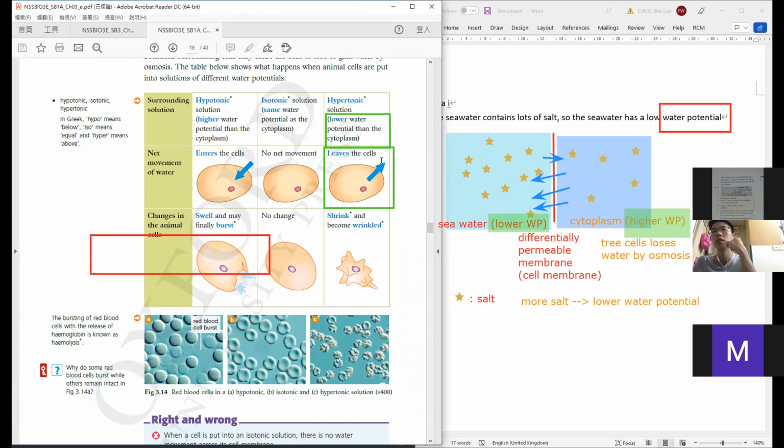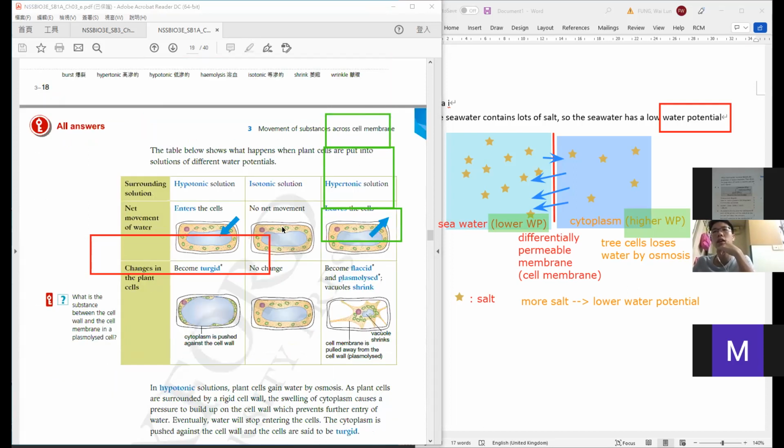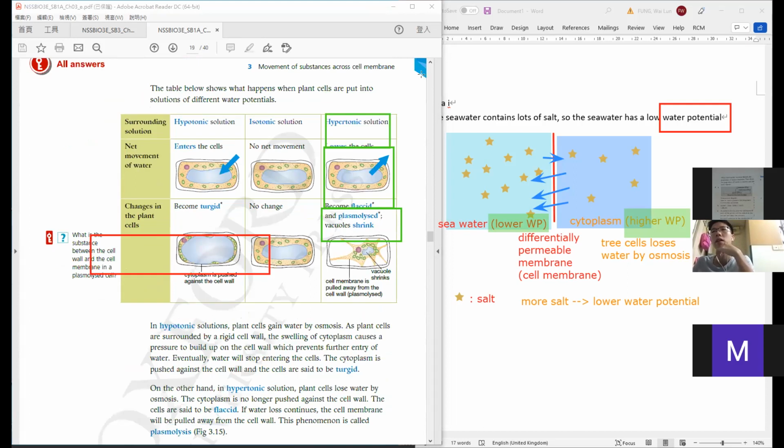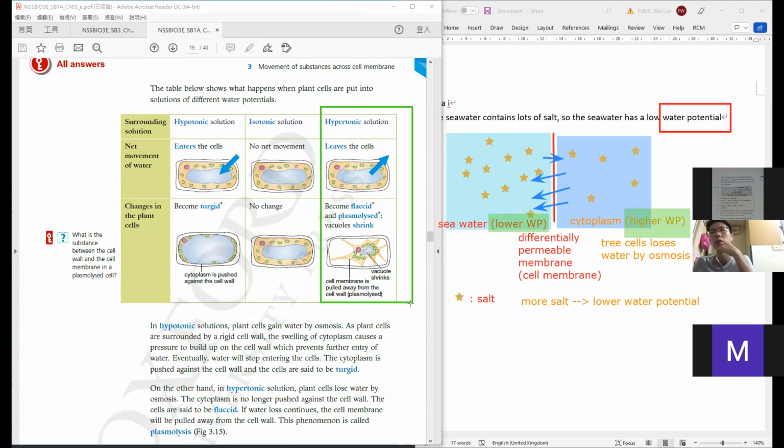So the cell will actually lose water. Cell will shrink and become wrinkled. For plant cell, it's almost the same. Water will leave the cell. The cell will become flaccid, plasmolyzed, and the vacuole shrinks. So this is not a good state.